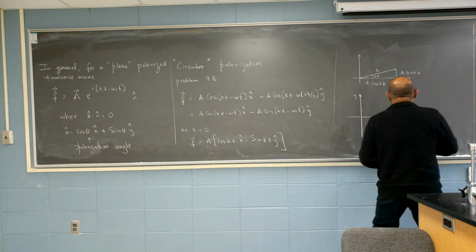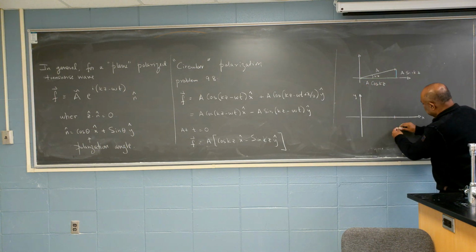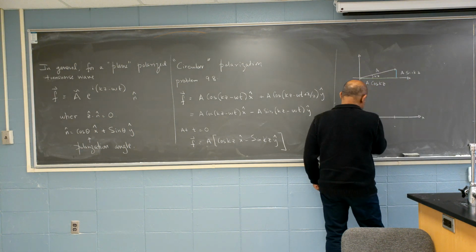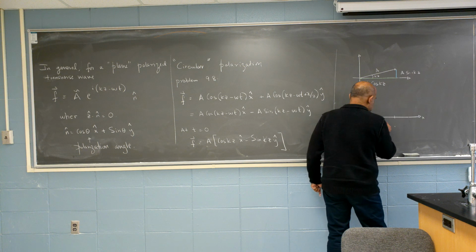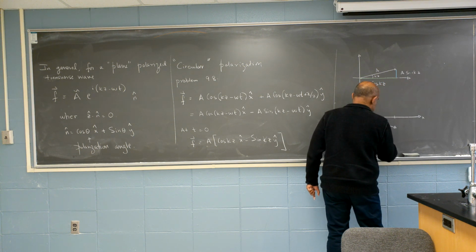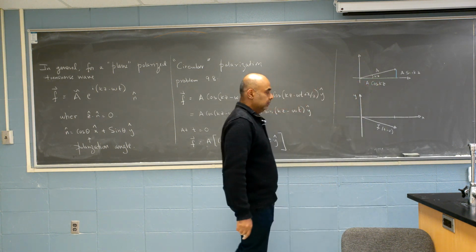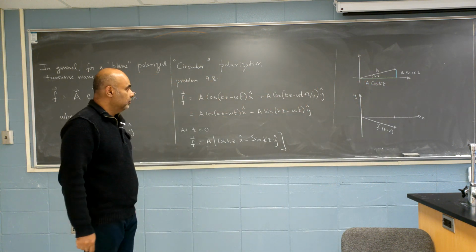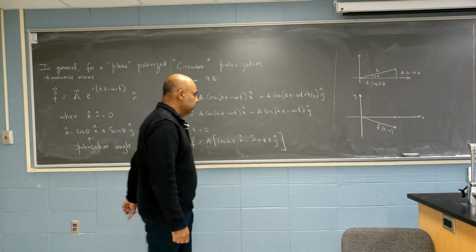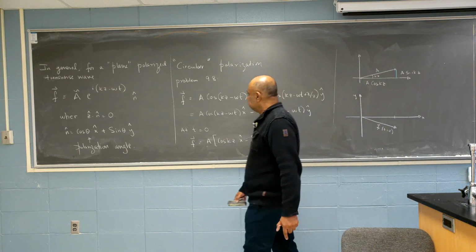So I do this, and hopefully I won't squish my fingers, and I bring it over here. And this is f at t equals 0. Since I need that graph, I'm going to wait a little longer.